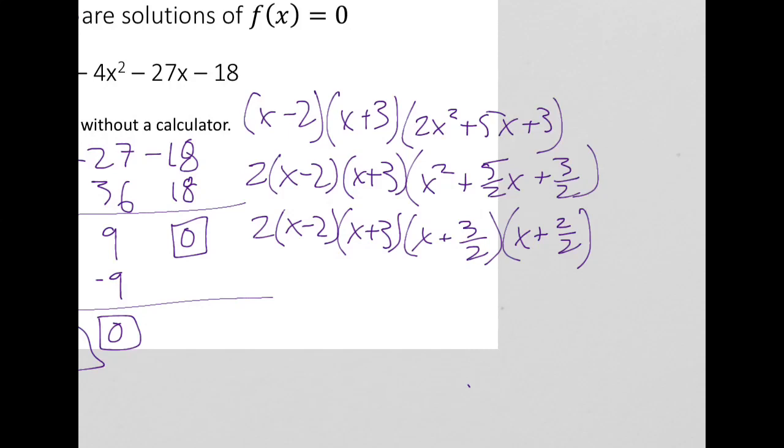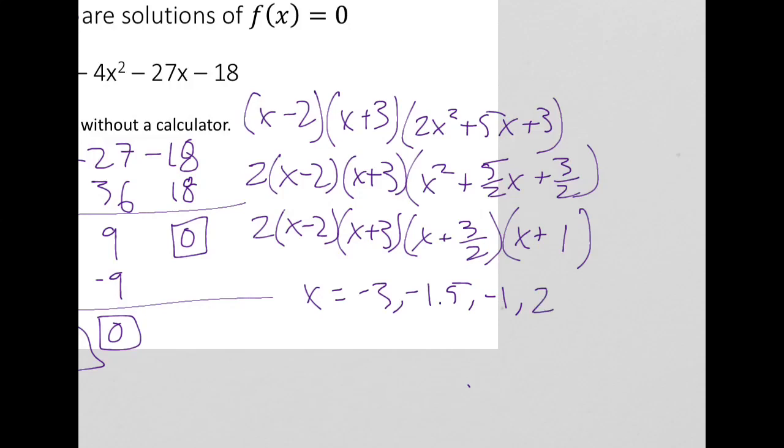So we're good on that end. 3 halves plus 2 halves is indeed 5 halves. So now that we see that, I'm going to go ahead and write it as 1, because this tells me I have zeros at x equals negative 3, negative 1.5, negative 1, and positive 2.